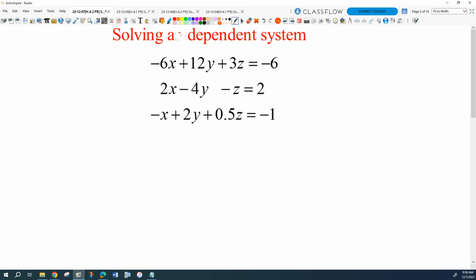Yeah. So if we multiply through, leave this one the same, right? And we multiply this guy by 2.